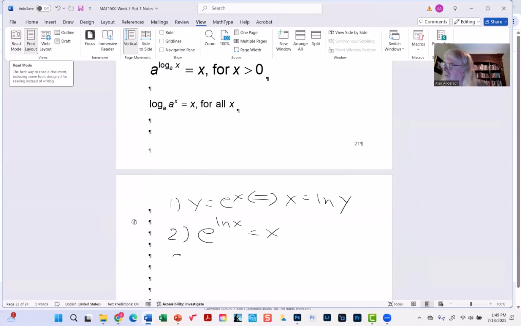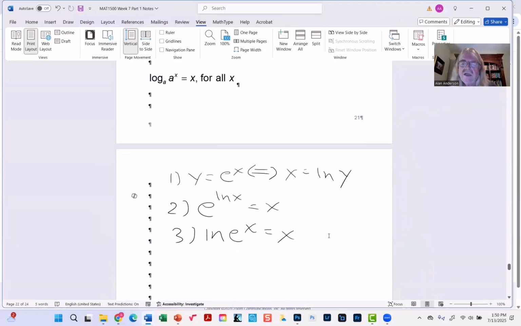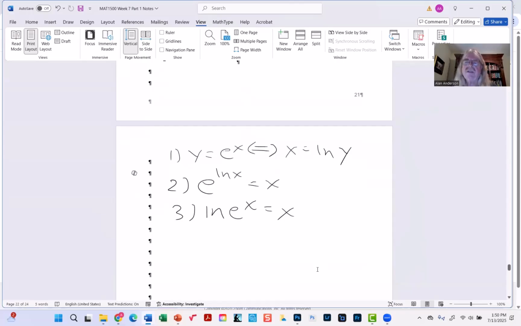And then three, this last one implies that log e to the x is also x. So in terms of e, you can see why, because e raised to the log of x, they're inverse functions, therefore we end up with x. Log e to the x, they're inverse functions, therefore we end up with x. These two in particular, I find to be particularly useful.